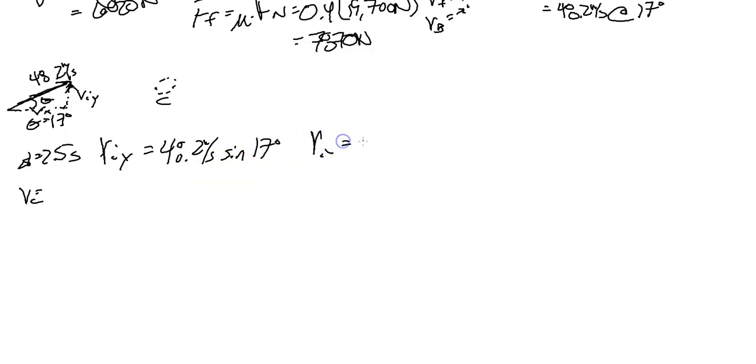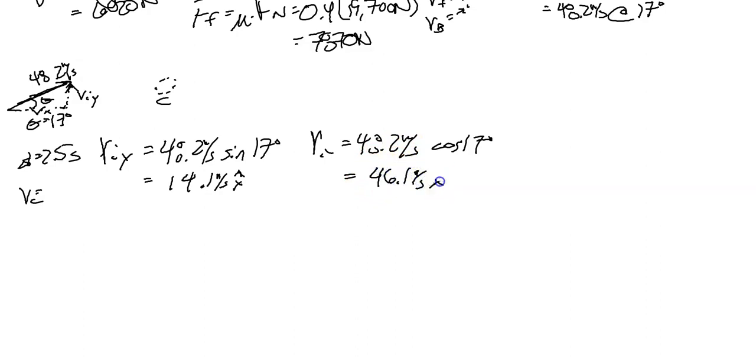And velocity in the x is going to be 48.2 meters per second cosine of 17 degrees. Let's go ahead and calculate those out. I think this guy is 14.1 meters per second y hat. And this guy here is 46.1 meters per second x hat.